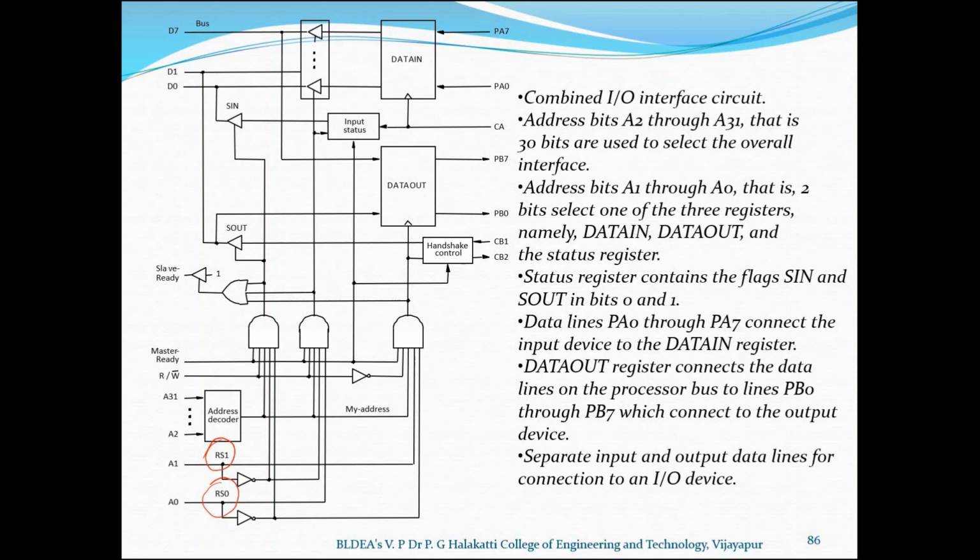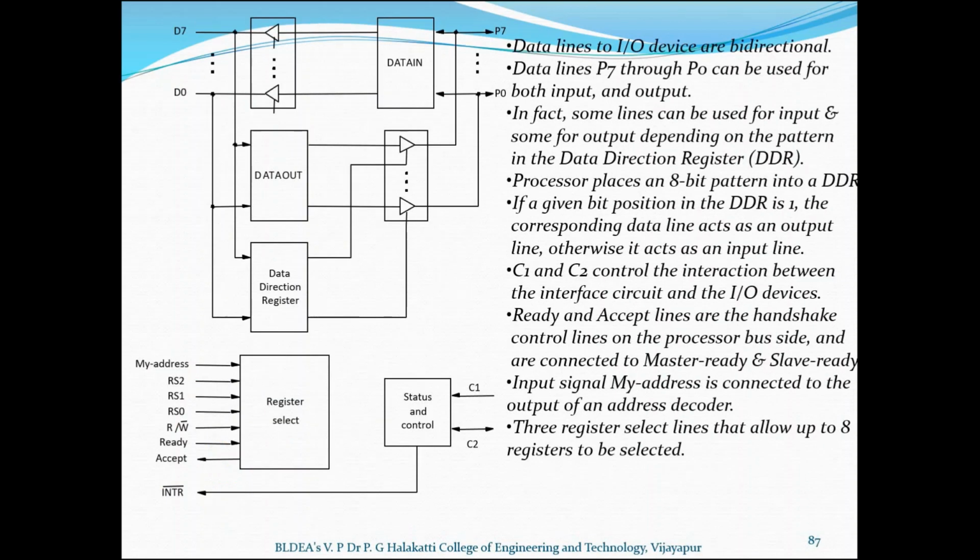In this figure, there are separate input and output data lines. Now, a simple and flexible parallel port can be designed if the data lines to the input-output device are bidirectional. So you can see here, the data lines P7 through P0 can be used for both input and output.